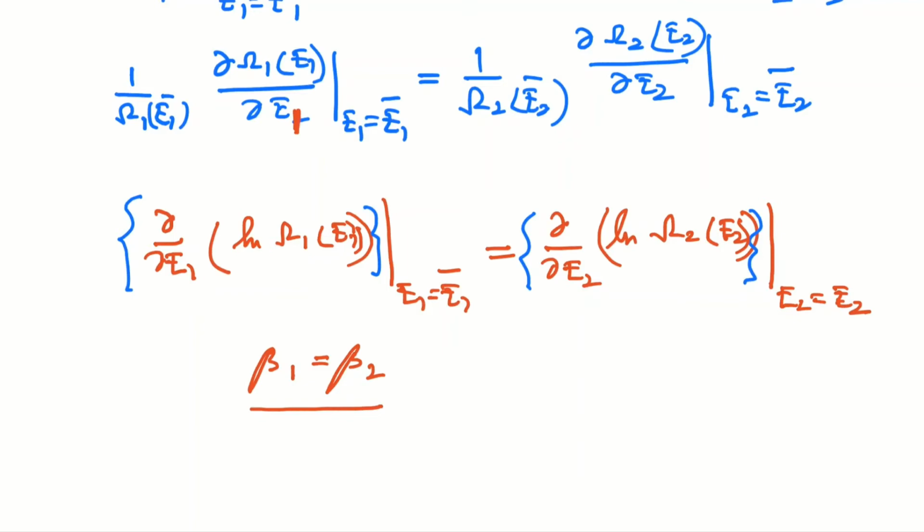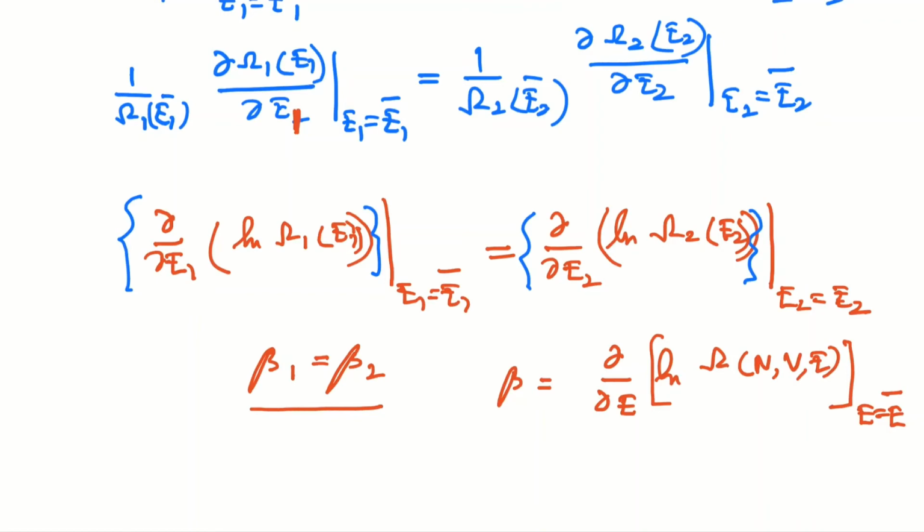Then we find that the composite system comes to equilibrium when beta 1 is equal to beta 2, where beta is the derivative of log of omega, which is a function of, in general, N, V and E, with respect to the energy E, when E is equal to E bar, that is for the equilibrium state.